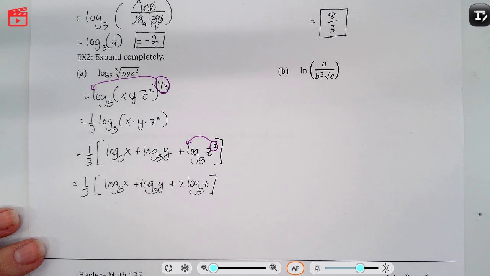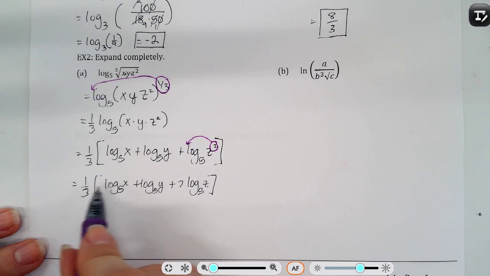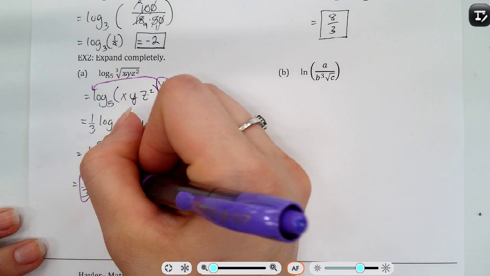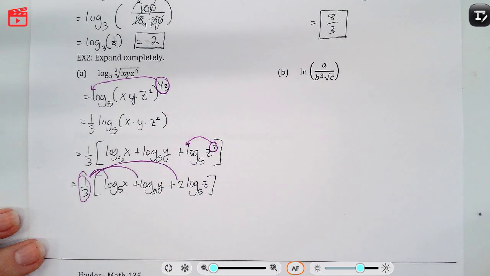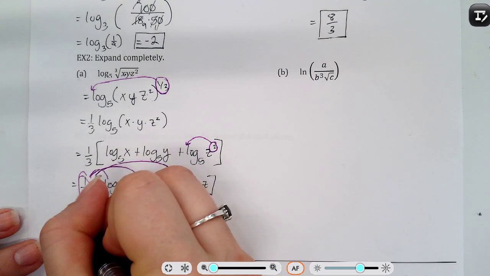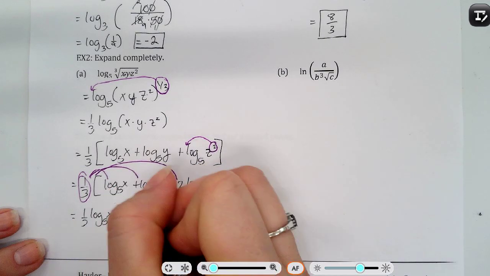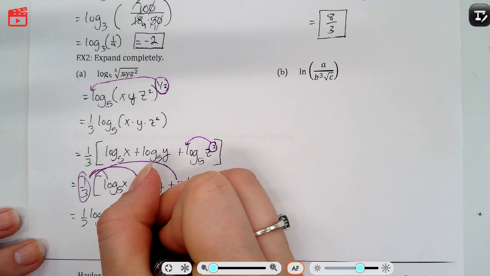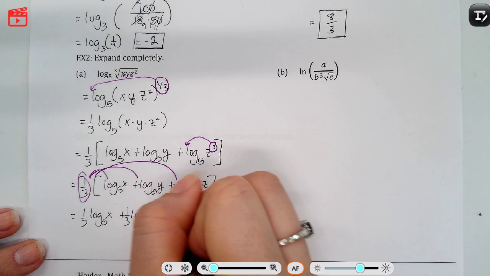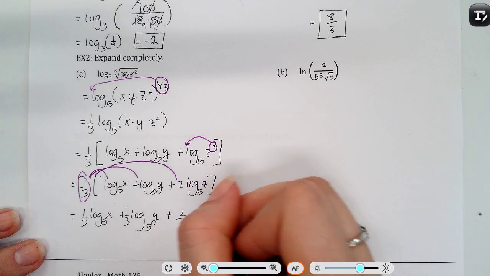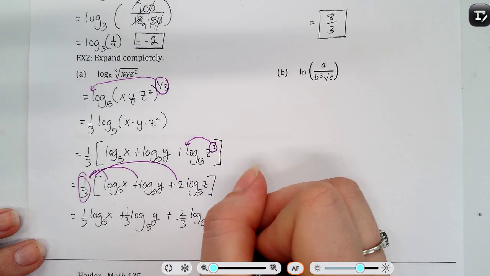All right, and last thing to do, multiply that 1/3 out to everyone. All right, so then we get 1/3 log base 5 of x plus 1/3 log base 5 of y plus 2/3 log base 5 of z.